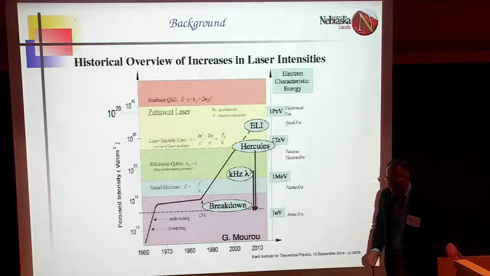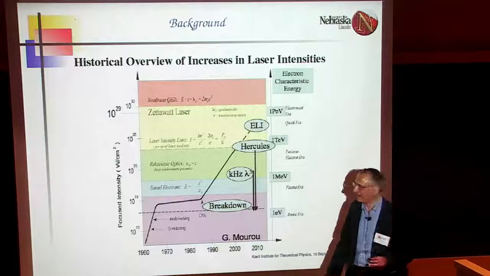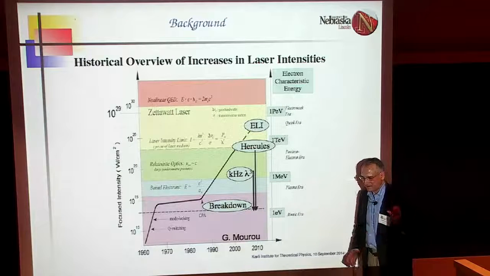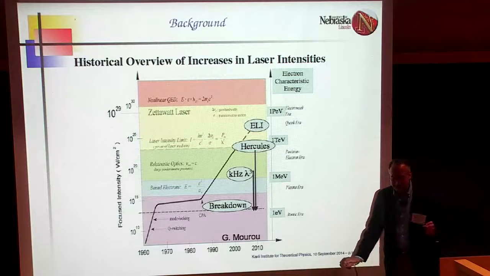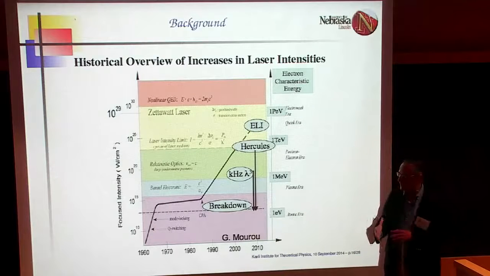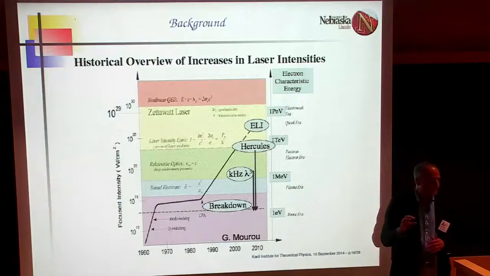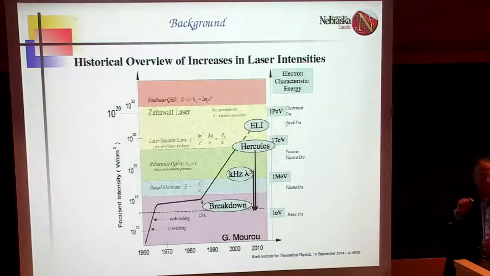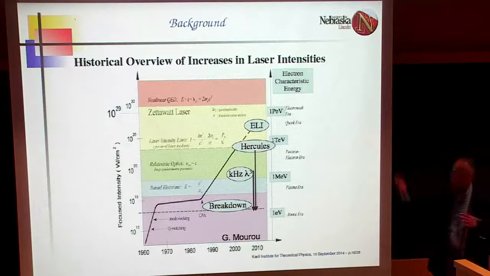There were so few of them because data was so hard to get. Lasers were so weak in terms of their intensity that the only way they could get measurable data was to tune their laser to an atomic resonance.